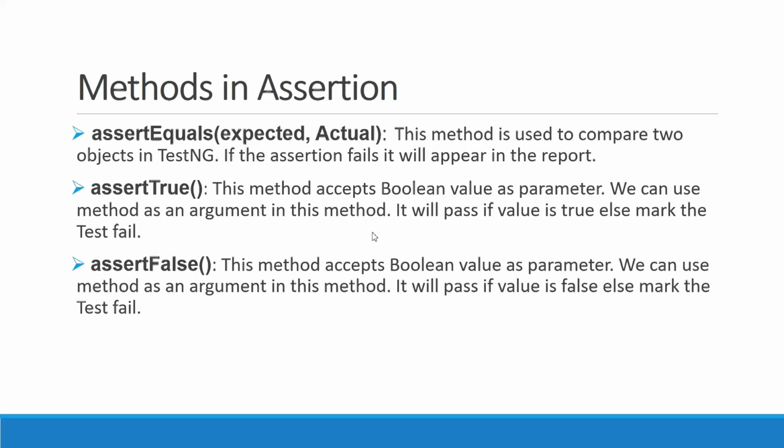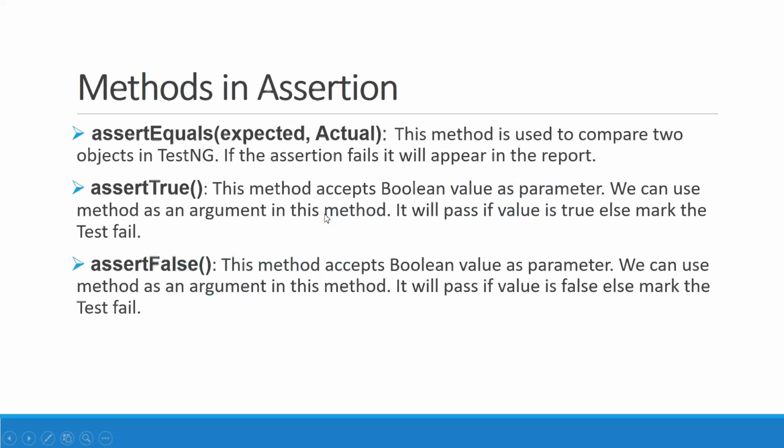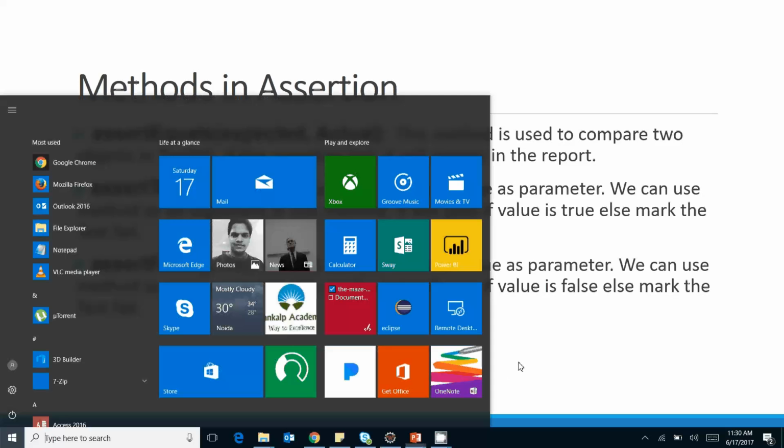If the value is true, then assertTrue will return true and mark your assertion or test case as passed. If the value you are passing is false, then it will mark your test case as failed.